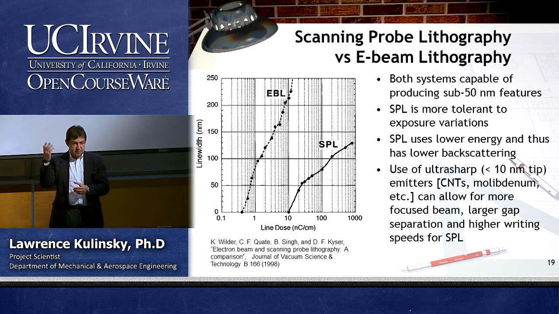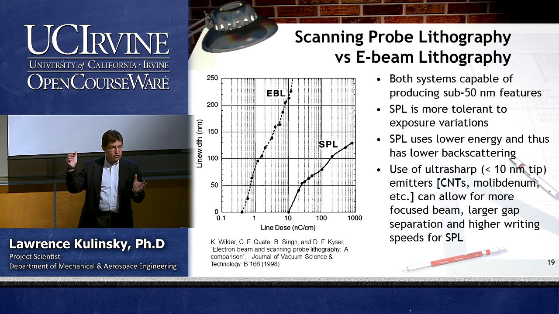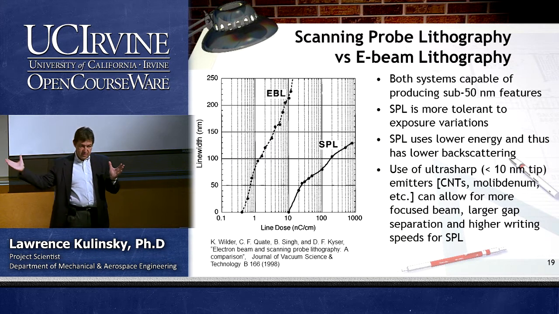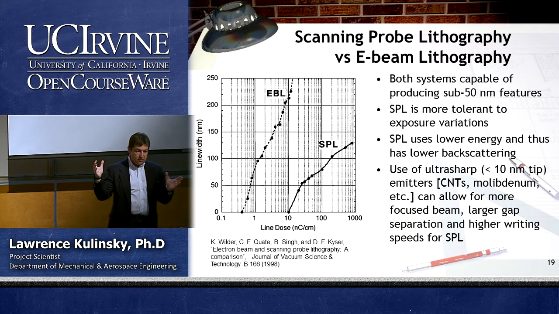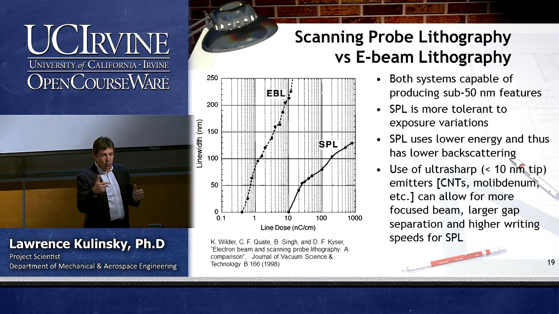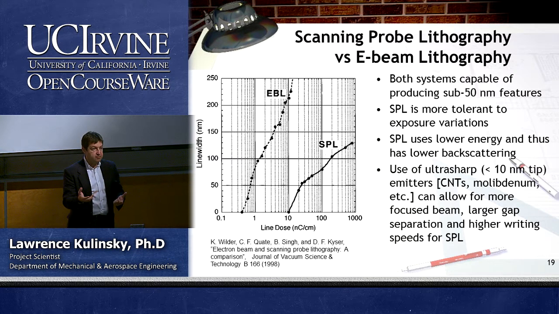Visible light is just hundreds of nanometers, and you go into the nanometer range when you decrease the wavelength of your source. So you improve your resolution when you go to E-beam, electron beam lithography.